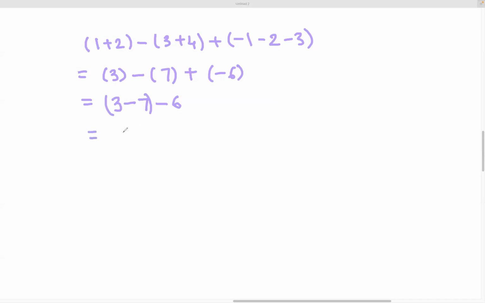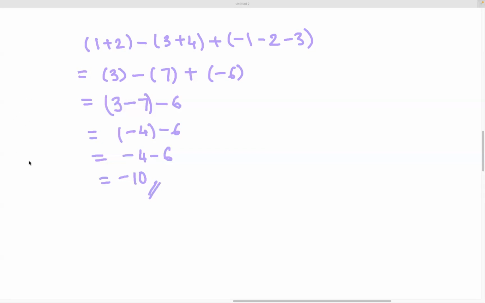And so what we get is minus 4 minus 6, and that's essentially the same outside of the parenthesis, and this becomes minus 10. So in each of these cases, we try to use the same rules of addition that we just saw. Now, in this case, we had numbers.